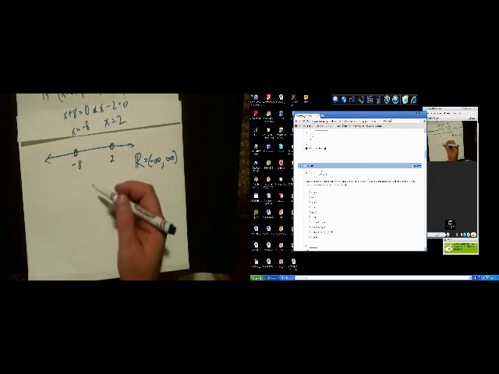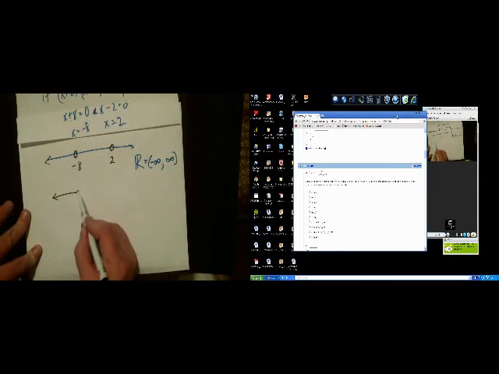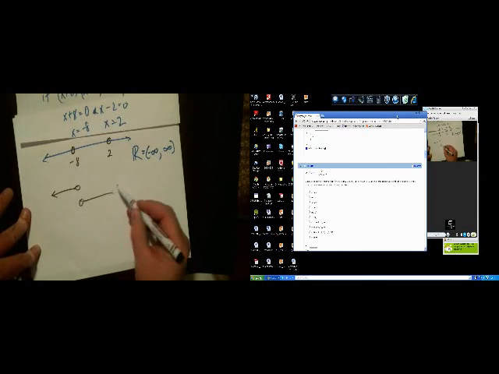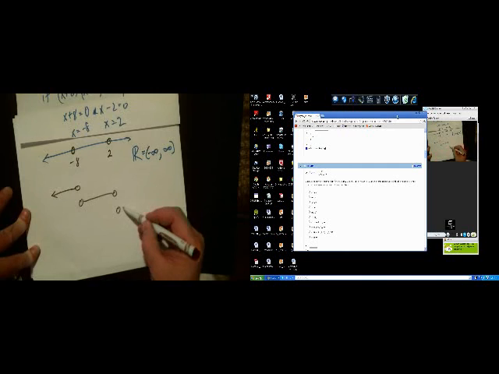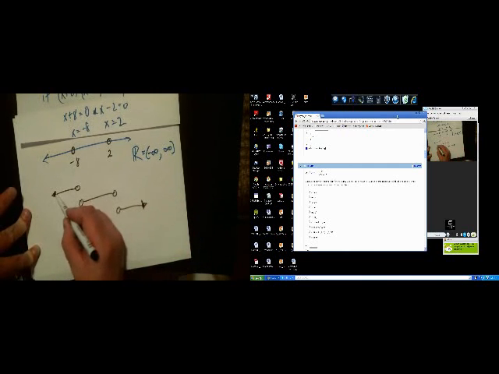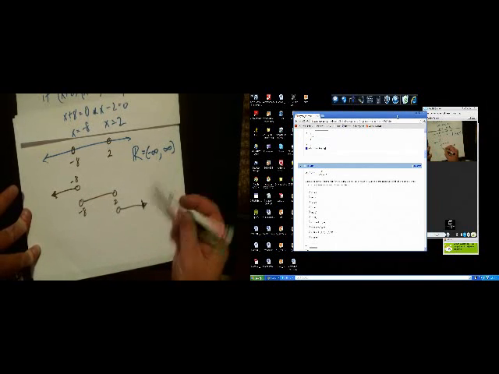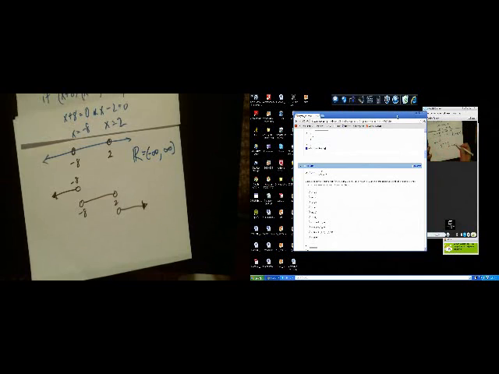So what we have left is these three pieces that we're looking for.